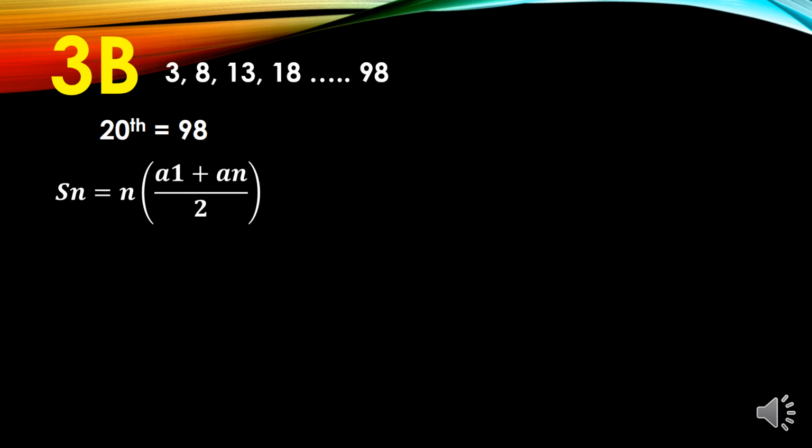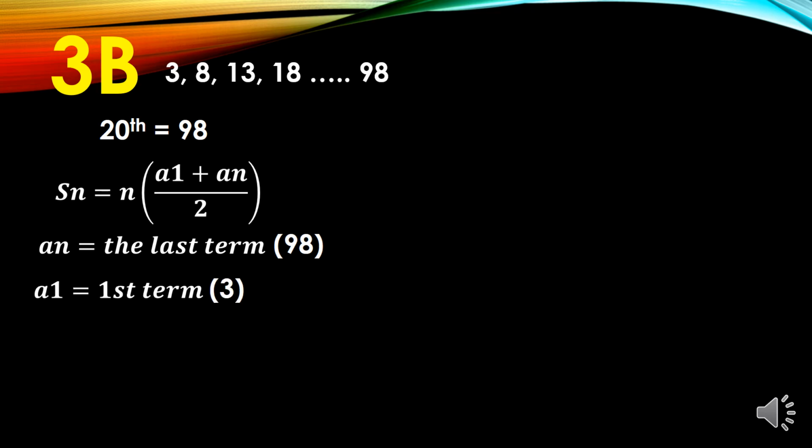Now we need to declare what those are. A sub n is the last term, which is 98. A sub 1 is the first term, which is 3. N is the number of terms. As said in the problem, it has 20 numbers or 20 terms.